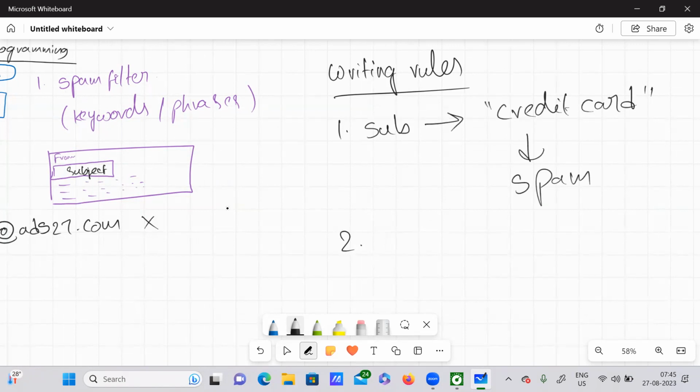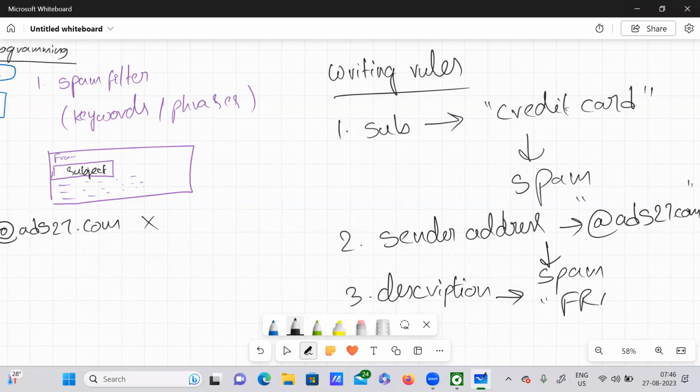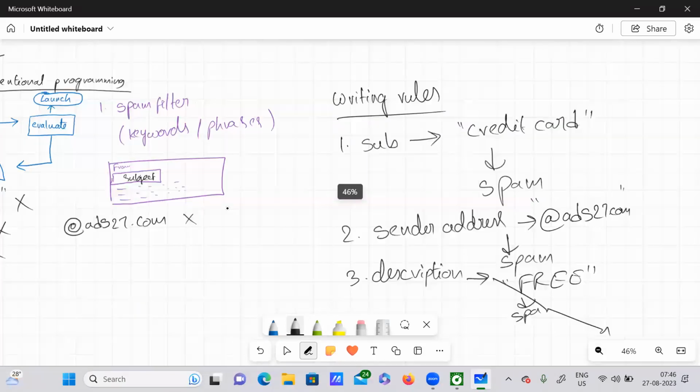And again, I write another rule: if the sender address has some domain like ads27.com, then consider it as spam. And the third one is the description. If the description has a keyword, maybe free, then automatically consider it as spam. So these are my rules.